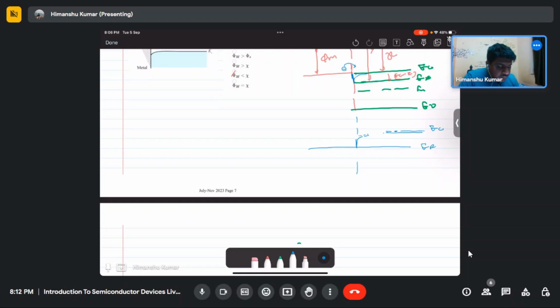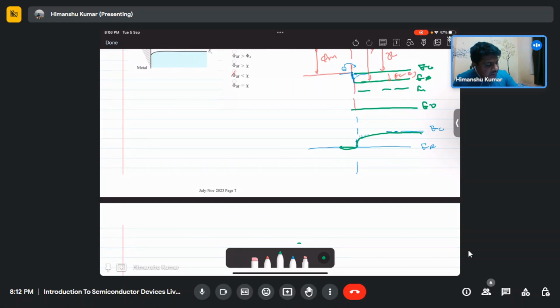The electrons will accumulate here, and this difference between phi m and chi will remain the same, and the band will bend like this.